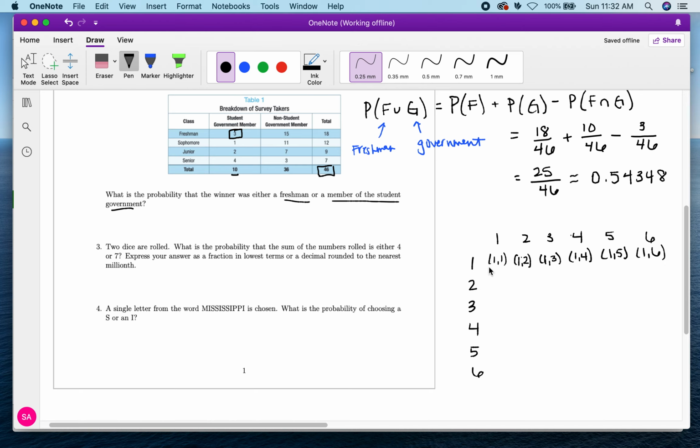These are all the different things. A 1 and a 2 is a sum of 3. A 1 and a 3 is a sum of 4. Sum of 5, sum of 6, sum of 7. And we can keep going in this way.